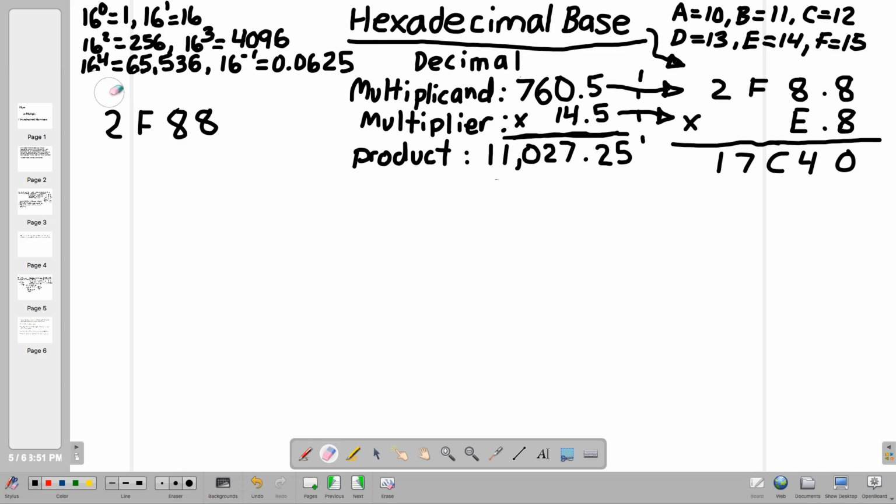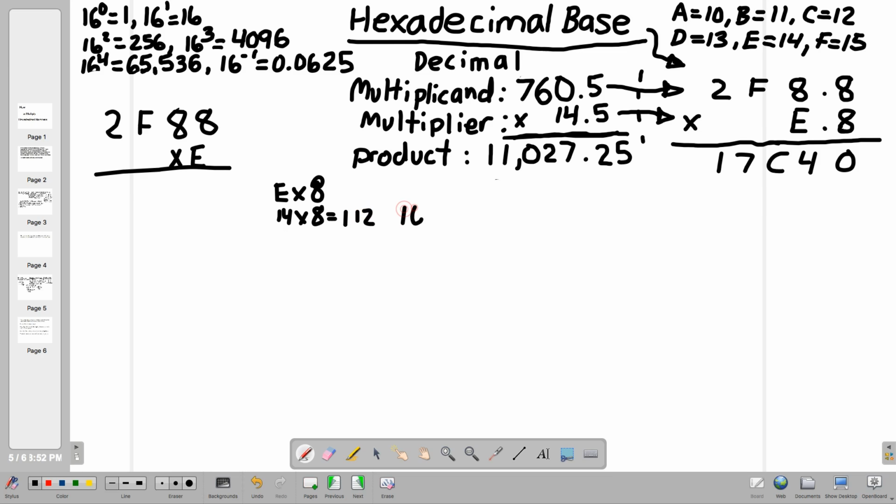Okay, let's compute the second one. All right, so the next one, we're going to multiply 2F88 times E. We'll do it over here so it's easy to see. All right, so we have E times 8, which in decimal is the same as 14 times 8. So 14 times 8 equals 112. And we want to convert that to hexadecimal.